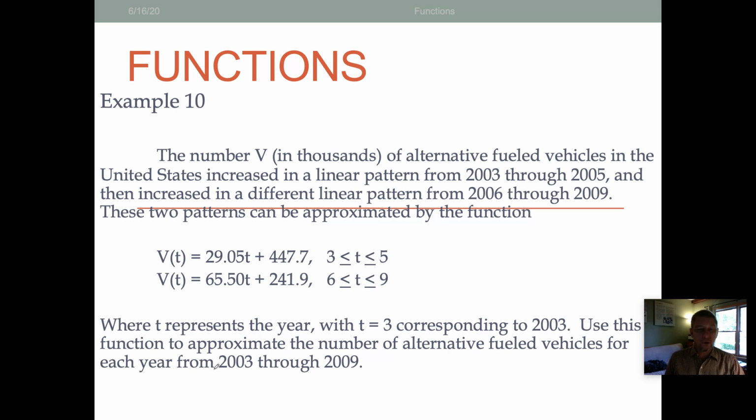So use this function to approximate the number of alternative fueled vehicles for each year from 2003 through 2009. Now, this does involve a lot of arithmetic, but it's really not as troublesome as you might think.